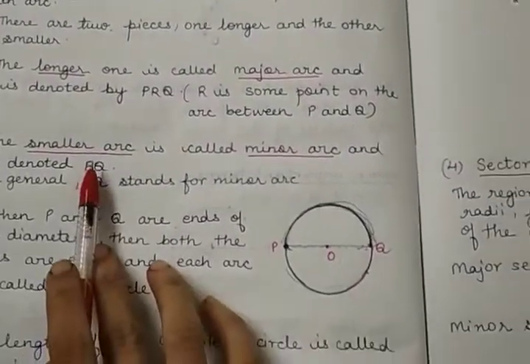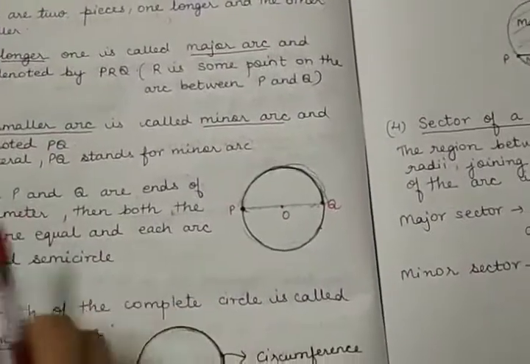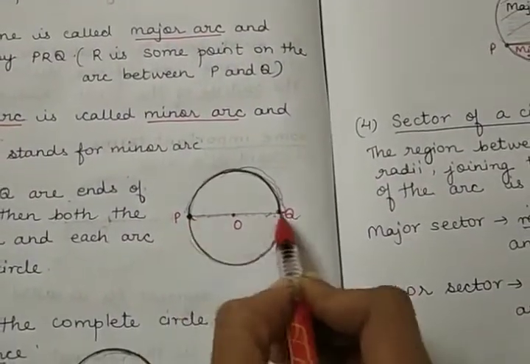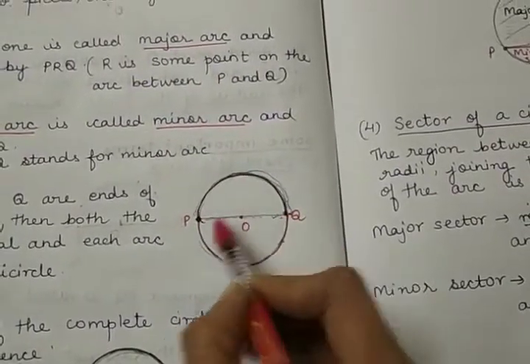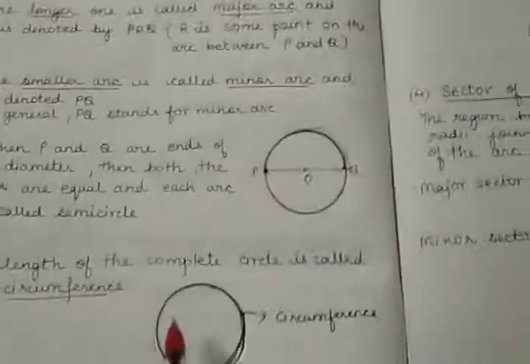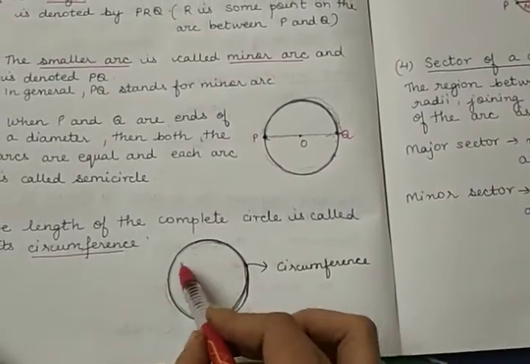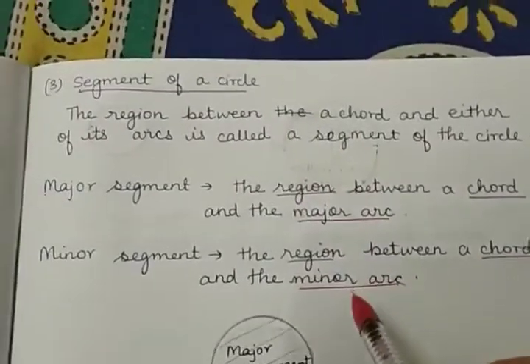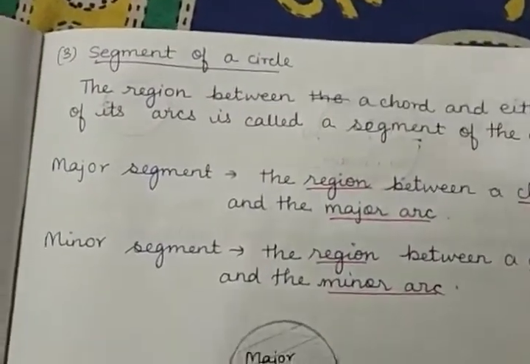Next, you have seen that if the 2 points that you take on the circle are on a diameter, then the two arcs that you get are equal and are called semicircles. The complete length of the circle is called the circumference. Then we saw what is a segment. Segment and sector are regions.